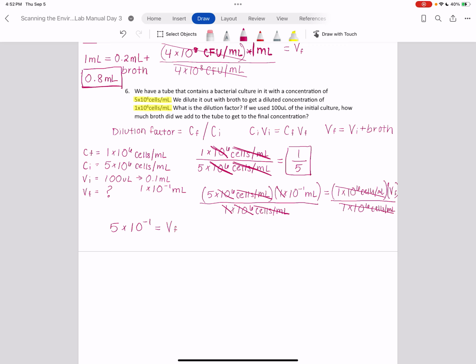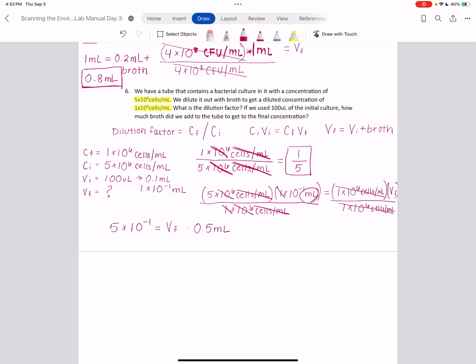If we do 5 times 10 to the negative 1, that is going to give us 0.5. And don't forget our units we left behind. We got to bring down this milliliters. So now we know that our final volume is 0.5 milliliters. And that's still not what the question is asking.